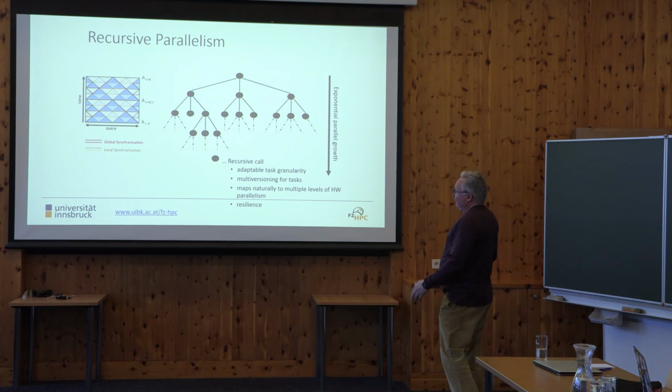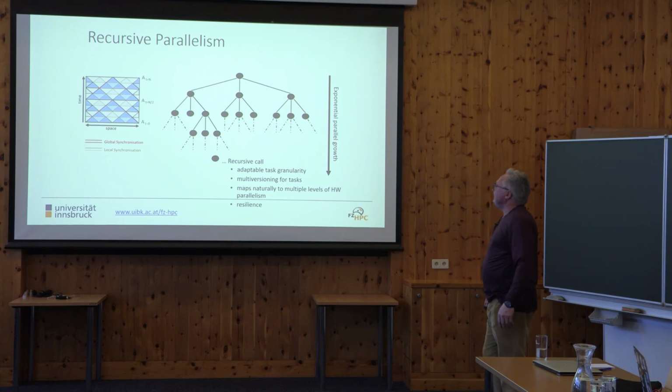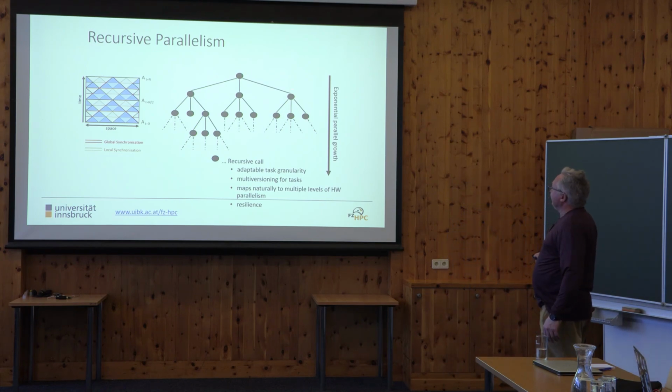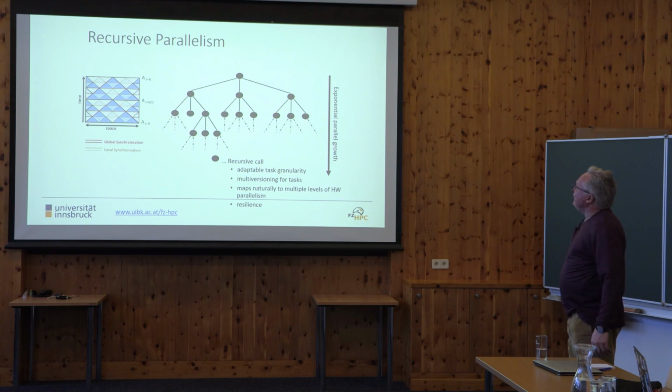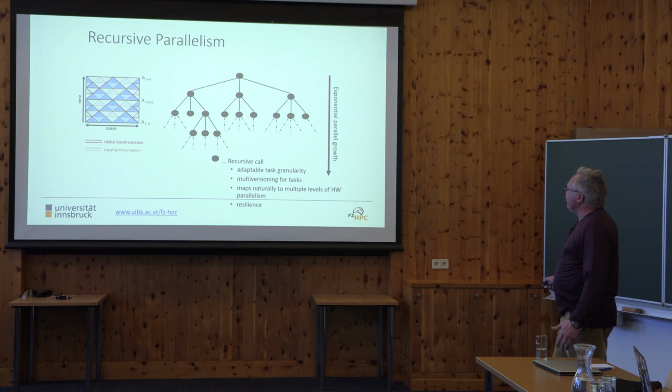It also naturally maps to heterogeneous architectures. At that level, you can put it on a single node, then maybe on individual processors, or at some lower level, at some point you go to accelerator technology. We had the feeling that this can be nicely exploited for the mapping phase, which is taken over by a runtime system, and also for resilience.